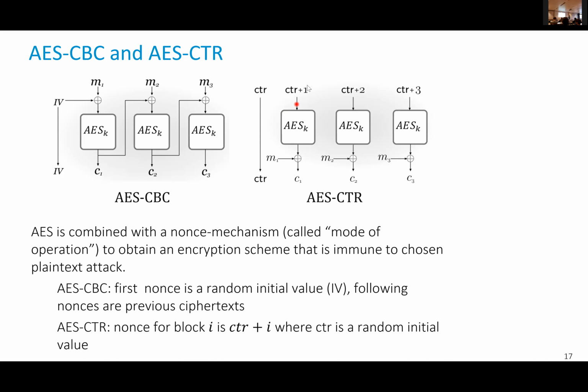You add this to the message you want to encrypt. You encrypt this number with AES, and you XOR it with the message that you wanted to encrypt. That gives you C1, and you do that for all the blocks here. So there are 2 variants.